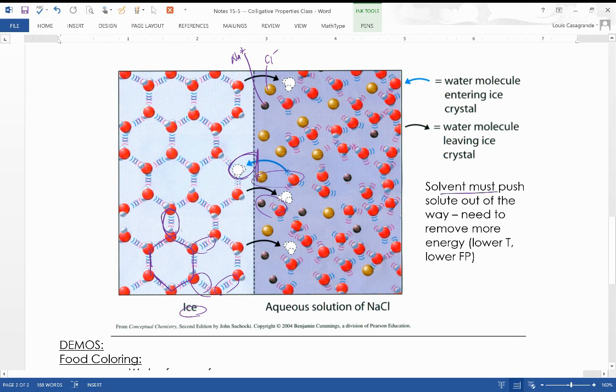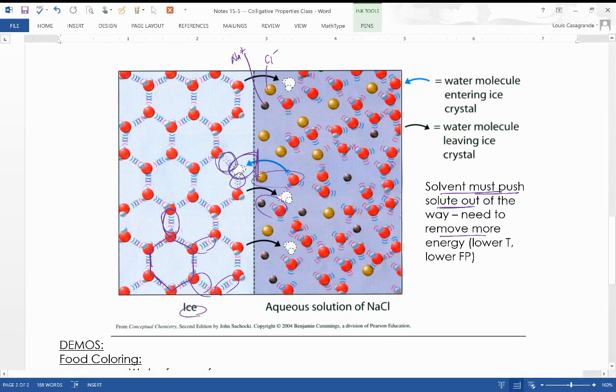So the solvent must push the solute out of the way. In order to do that, we need to remove more energy, because what that does is it makes the hydrogen bonds now strong enough. It's just like when you have intermolecular forces. The lower the intermolecular forces, the lower the temperature.